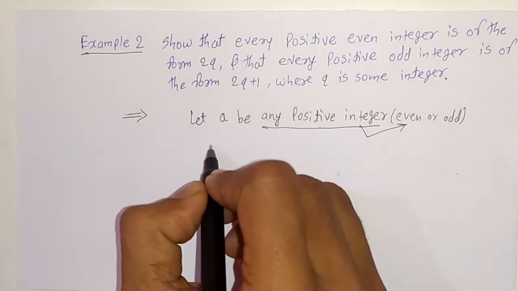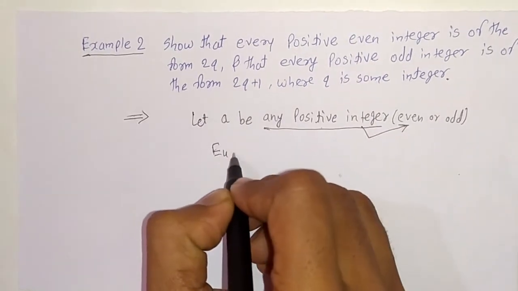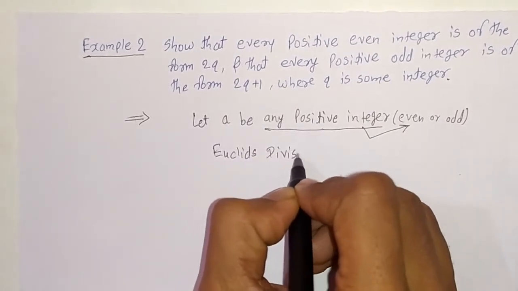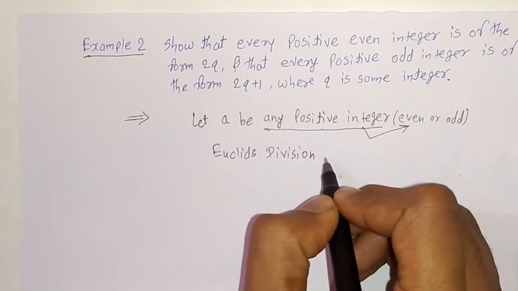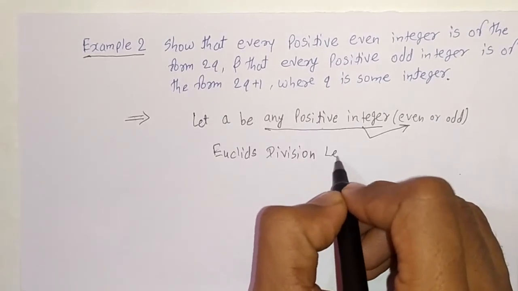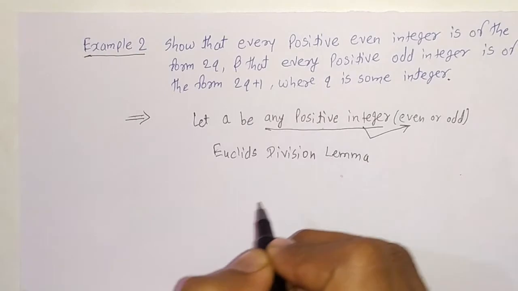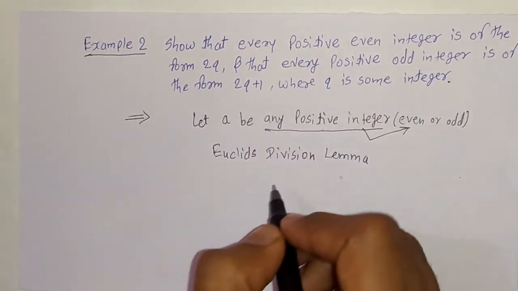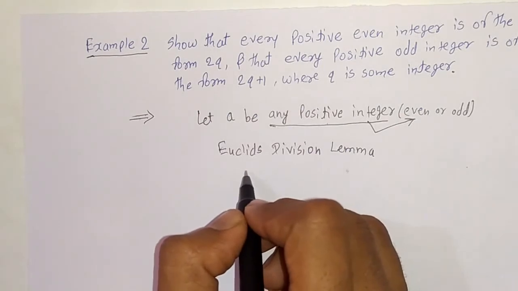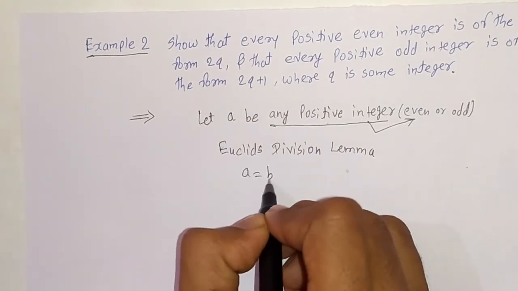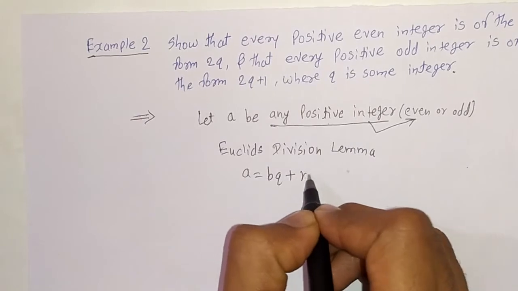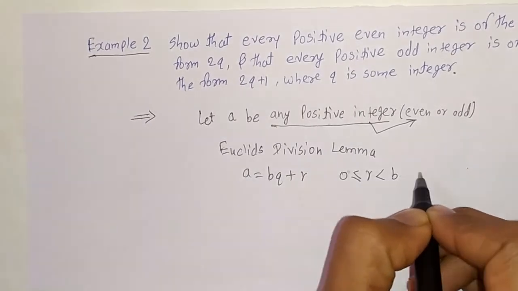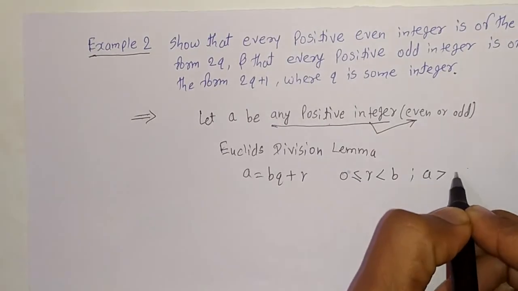So write down Euclid's division lemma. It is very important to write these steps, this way you will remember the concept in a better way. What is Euclid's division lemma? a equal to bq plus r, where 0 is less than or equal to r less than b, and a has to be greater than b.